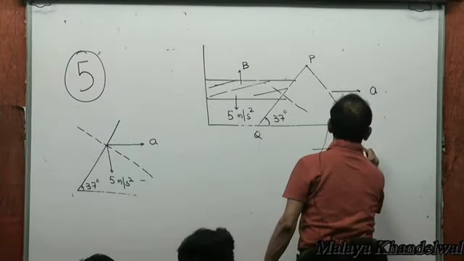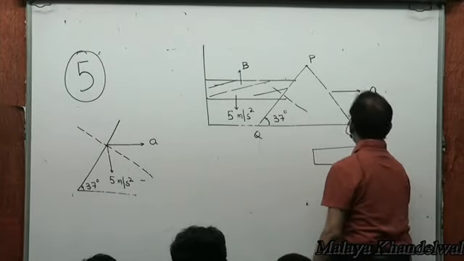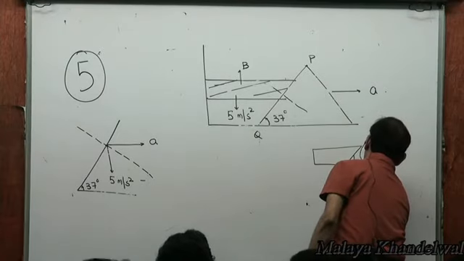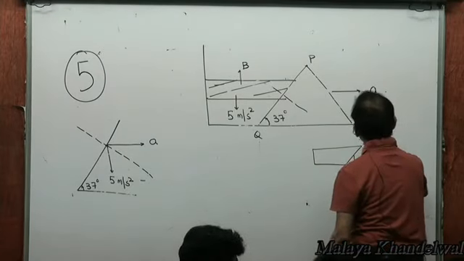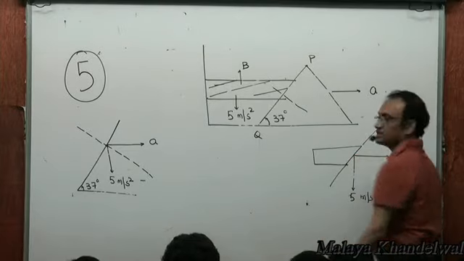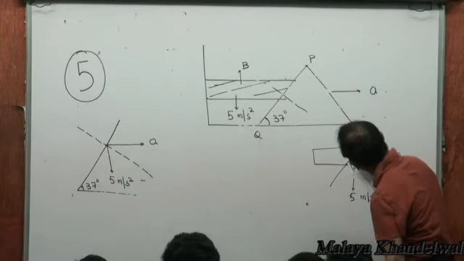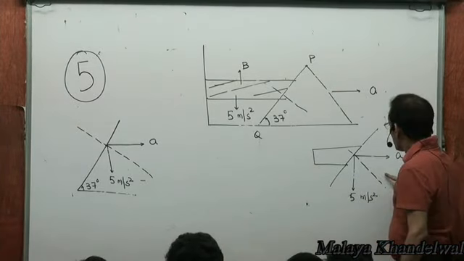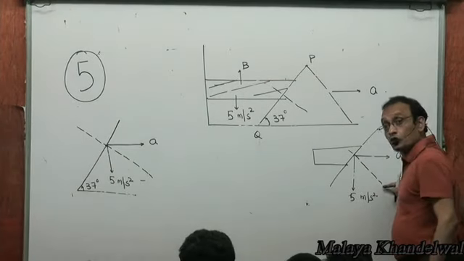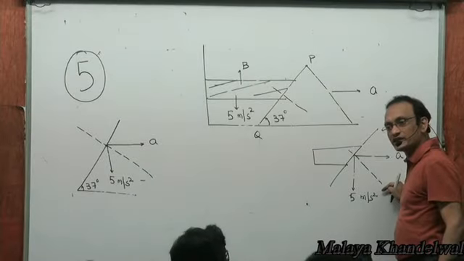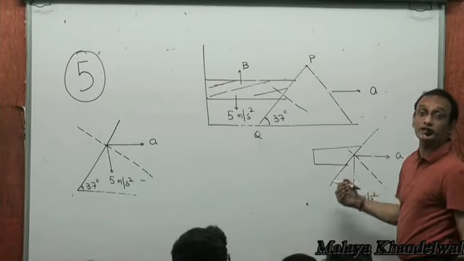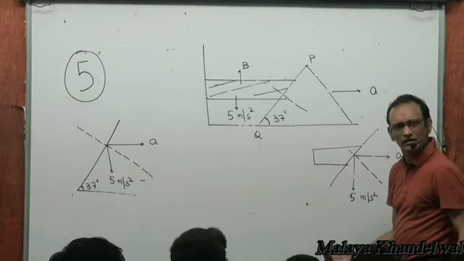This has an acceleration of 5 meters per second squared downwards, whereas this inclined plane with which it's attached has an acceleration A rightwards, right? This is their common normal direction. In order that this could maintain contact with this, in this direction they must have a common acceleration. That's the wedge constraint, isn't it? To maintain contact along the common normal, you must have the same acceleration and the same velocity. Have I taught that? Okay.